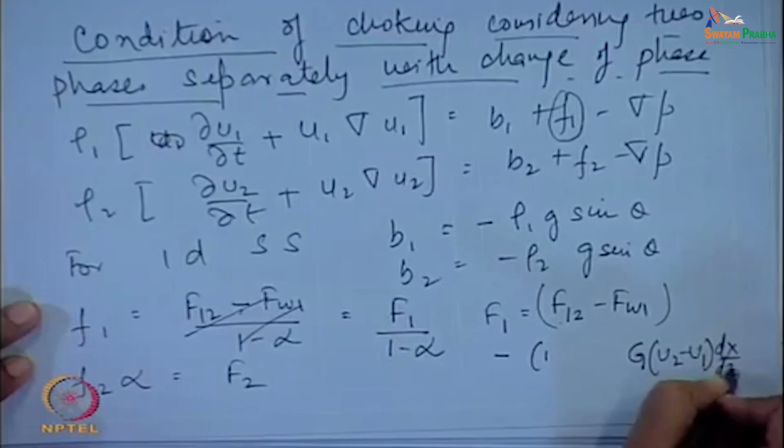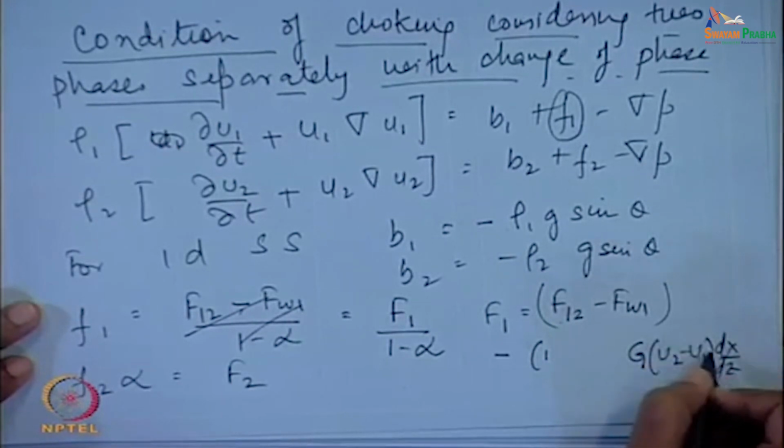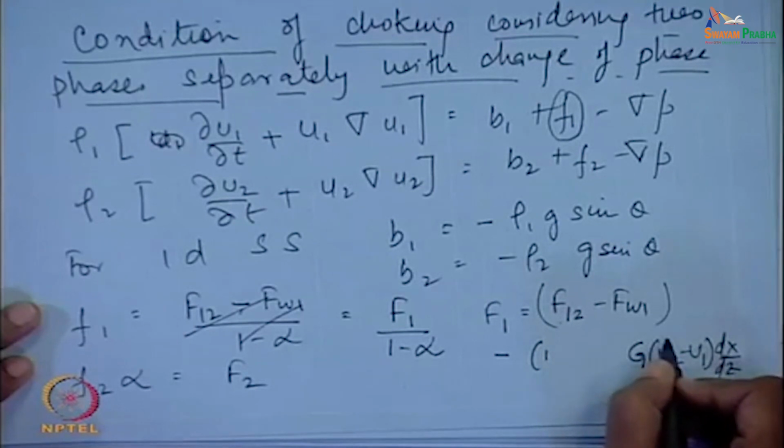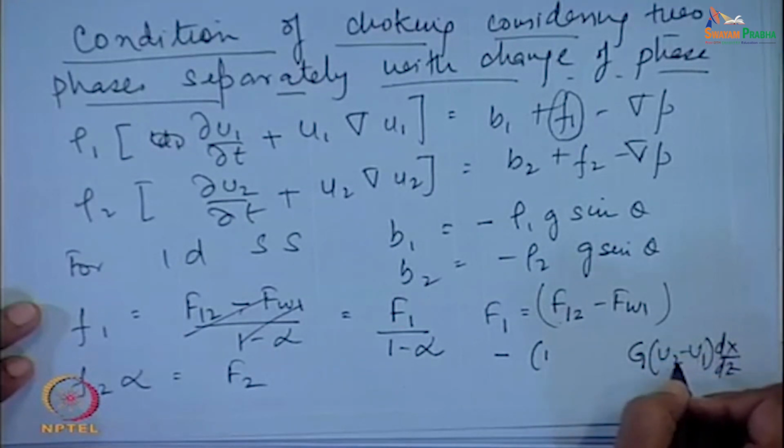G dx dz was the mass rate of evaporation into u2 minus u1, which was the velocity change which occurred due to phase change. You remember those things we had done already? This was the mass rate of phase change G dx dz. That into u2 minus u1 gives us the total force which is associated with phase change.